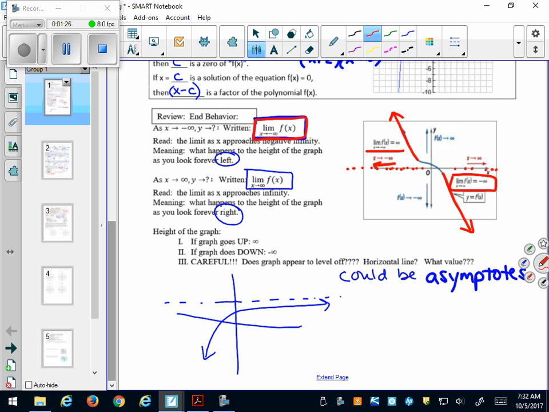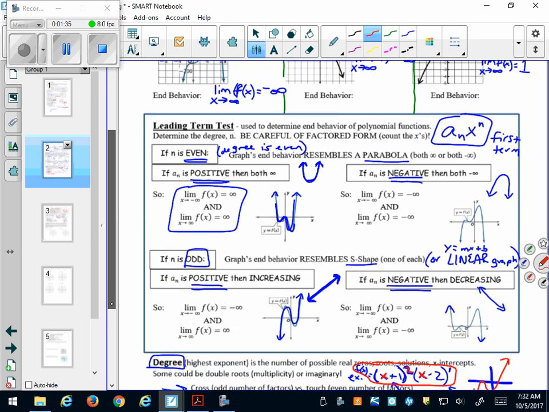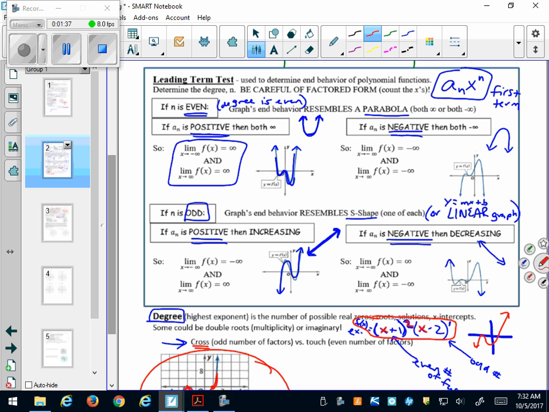So we would write it like this. Then we talked about, that's all end behavior, we talked about the leading coefficient, the leading term. That first term tells you a lot about the graph, right? So we have to look at a few things: if the degree is odd or even, and if the leading coefficient is positive or negative.